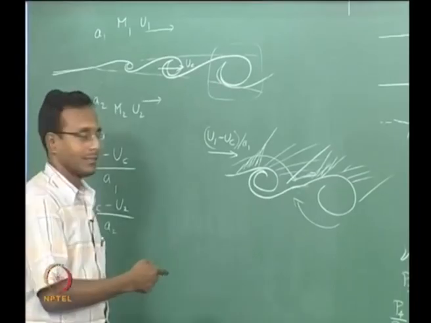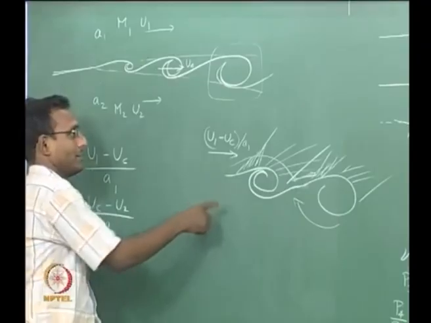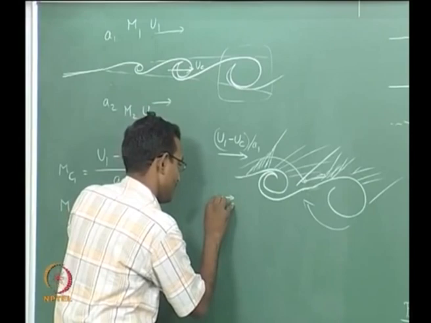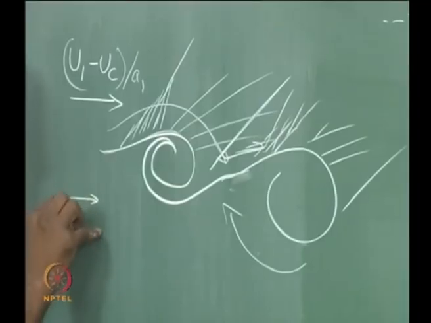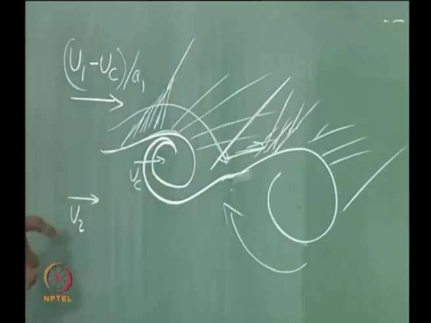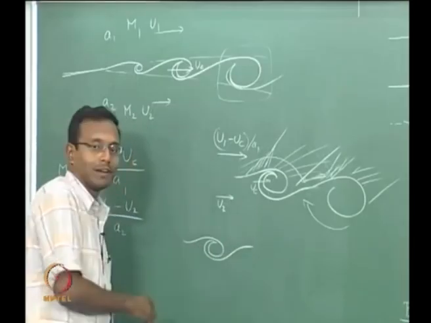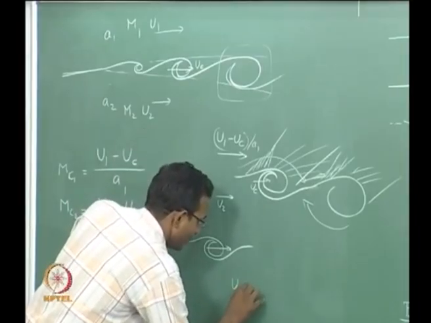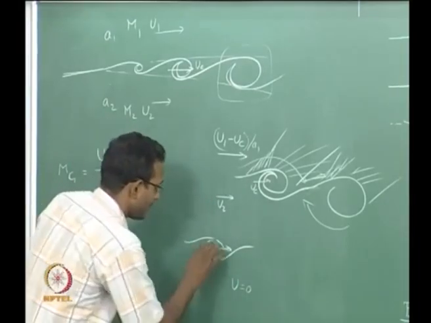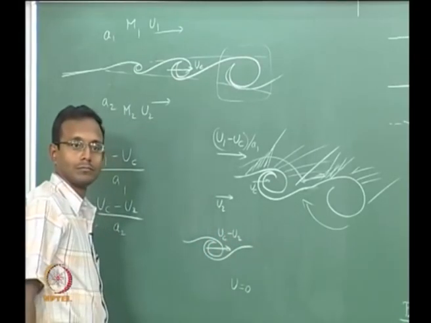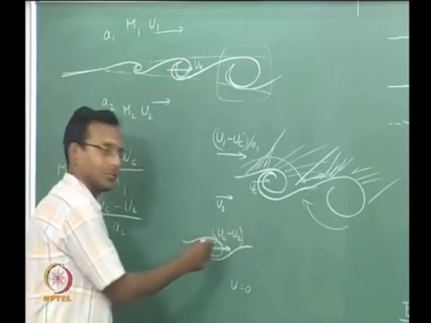Same thing on the bottom. If I look at the bottom side, I am going to say the velocity here is, I will just draw this as U2 as the velocity here, this is travelling at UC. So if I look at this, it looks as if I have a body that is shaped like this, which is travelling in a flow medium with velocity equal to 0, with a velocity equivalent to UC minus U2, okay, equivalent to this.